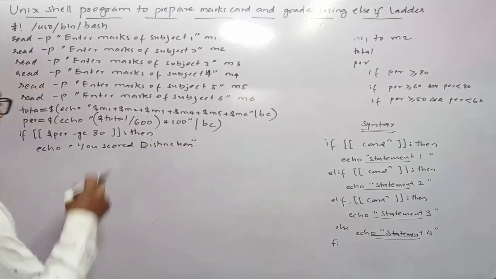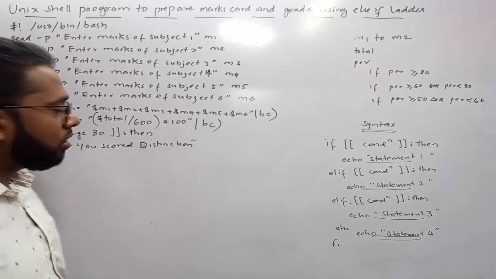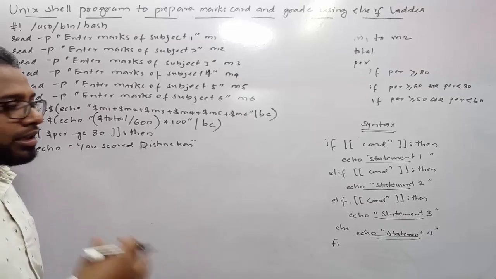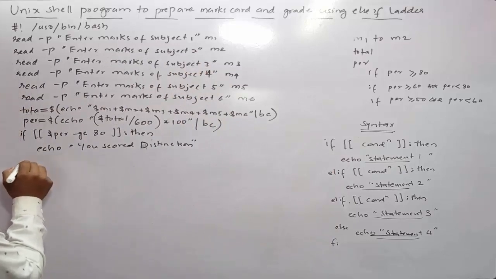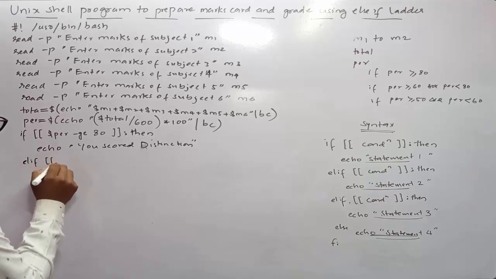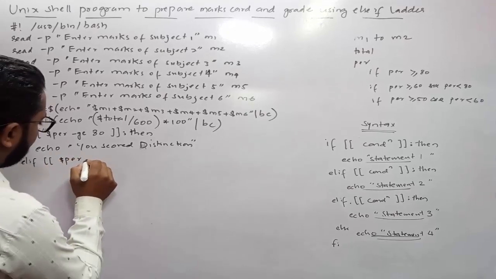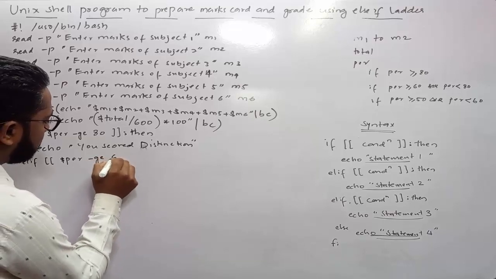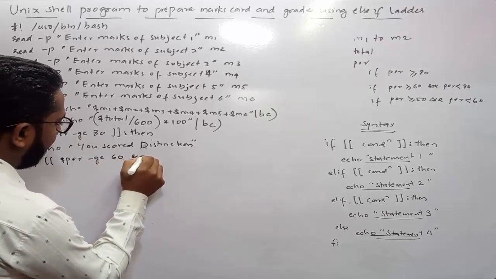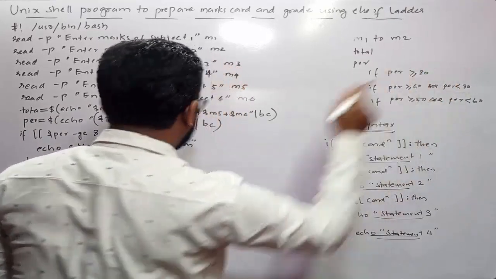Okay. Next, if the user didn't get distinction marks, that means if the user got lesser than 80, then I need to check for one more condition here. That will be under elif space two open square brackets space dollar PER space greater than or equals to space 60 space and space, I need to check one more condition, and that condition is this percentage.